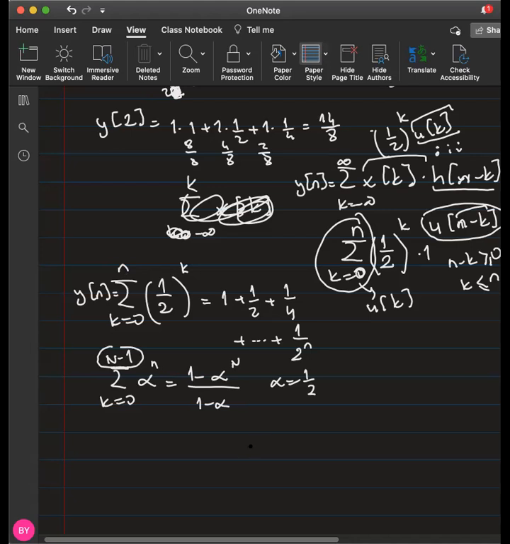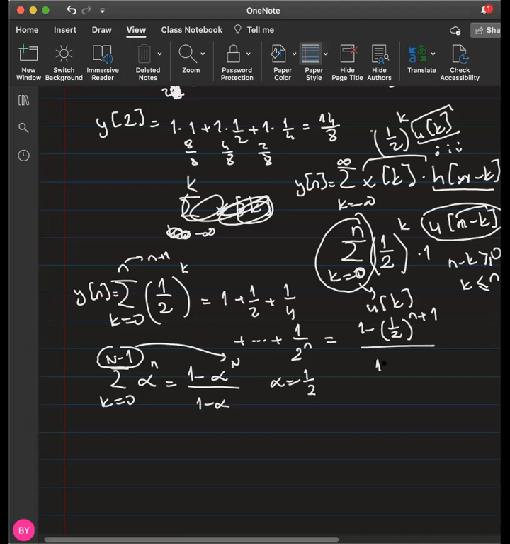So what should I do with the formulation? This one is equal to 1 minus 1 over 2 to the power n plus 1, right? So this should be increased by 1. So I'm going to increase this to n plus 1, okay?